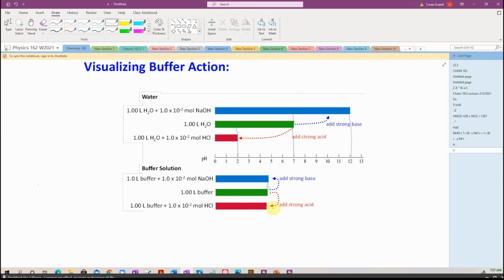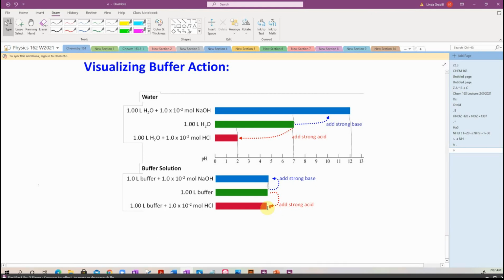So it diminishes the impact. Now the important part here, though, is there's only a certain amount that I can do that with. If I keep adding a strong acid or a base, eventually I'm going to use up my weak acid or weak base, and then I am going to have the regular impact that I would have by adding either of those.